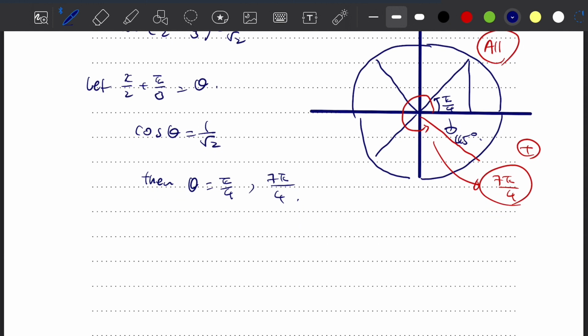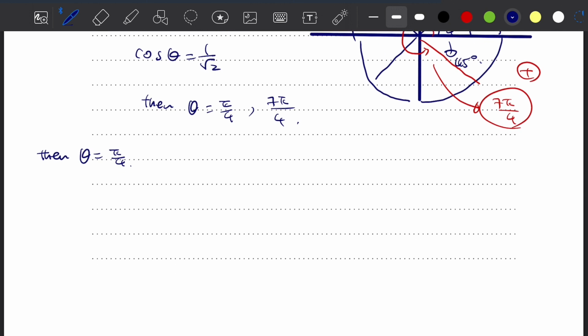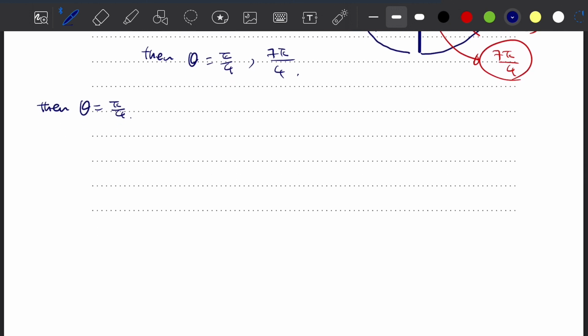Then let's start with when theta is equal to pi over 4. We know that theta is equal to x over 2 plus pi over 3 and is equal to pi over 4. Then x over 2 is equal to pi over 4 minus pi over 3, which is equal to 3 pi over 12 minus 4 pi over 12.